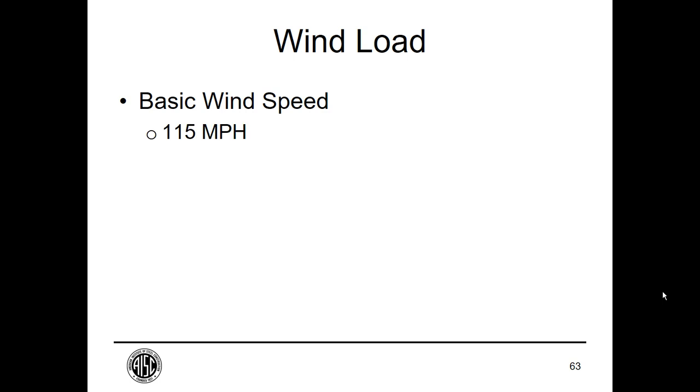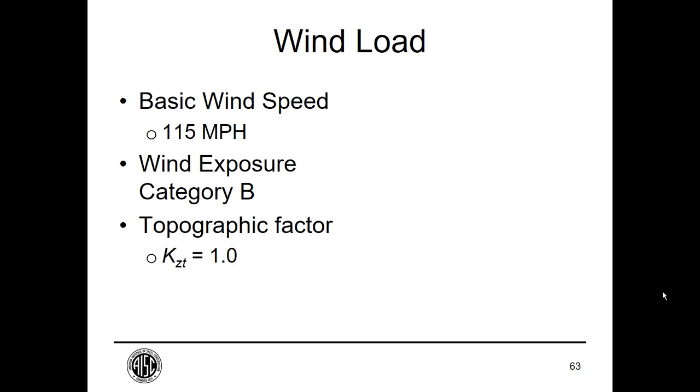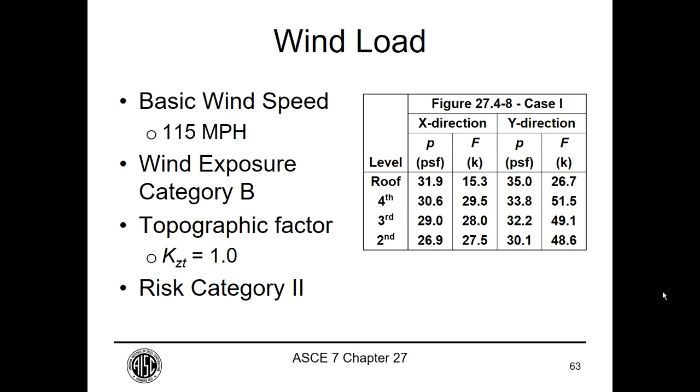For the strength design, in our location, we're using 115 miles per hour for our ultimate wind load, wind exposure category B, with a topographic factor of 1, and for risk category 2. I'm not showing any of this analysis, but here we go. We have forces in the X and Y direction, and I'm just showing case 1.